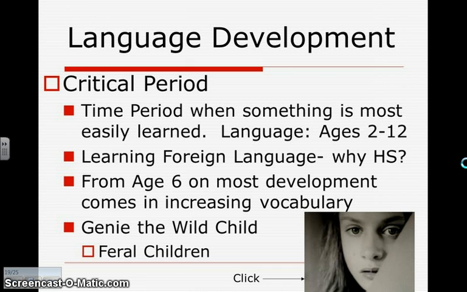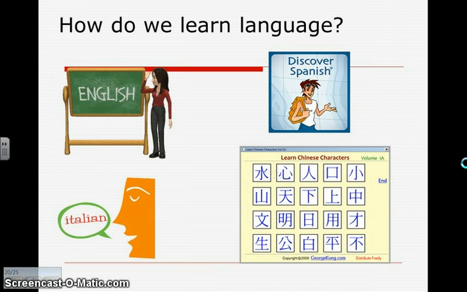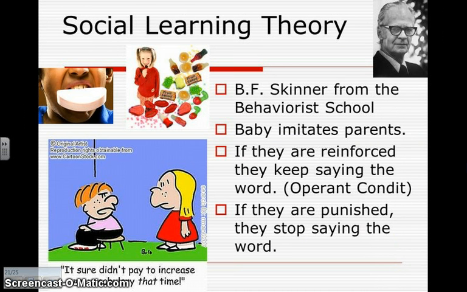But her cognitive development and language development had been totally affected by the lack of being able to learn language during the critical period. Now, it's kind of interesting because when we learn language as a child, it doesn't matter if it's English or Italian or Spanish or Chinese, it's all strange to us. So we basically go through the same patterns.